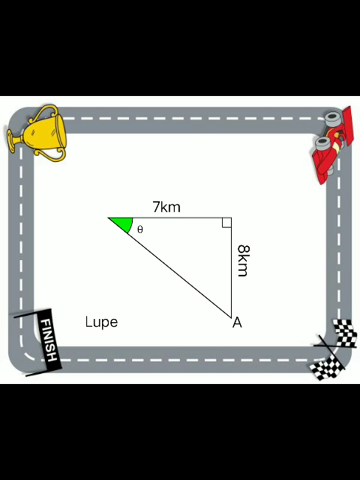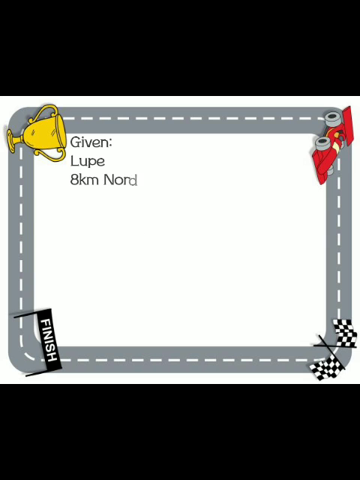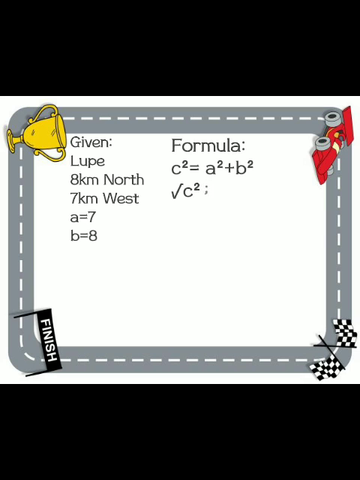Let us solve first for the displacement traveled by Lupe, which is 7 km west and 8 km north. The formula that we are going to use is the Pythagorean formula, which is c squared is equal to a squared plus b squared. But we need to find c, not c squared, so we take the square root of both sides.